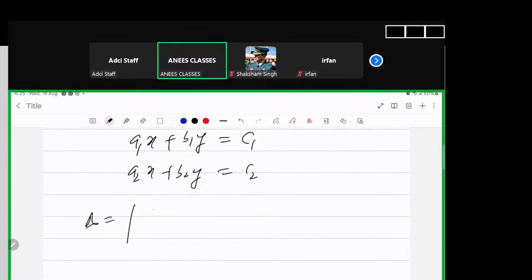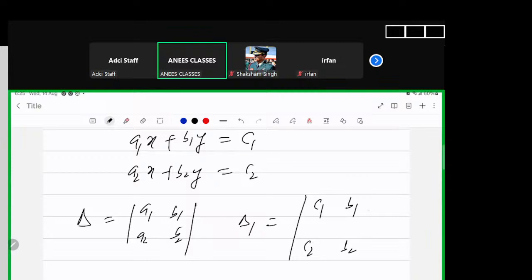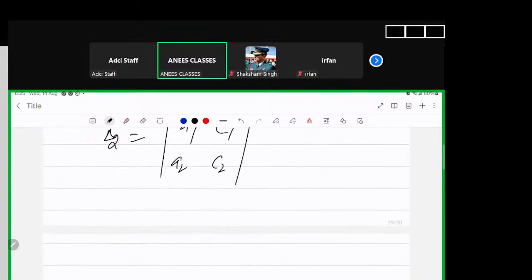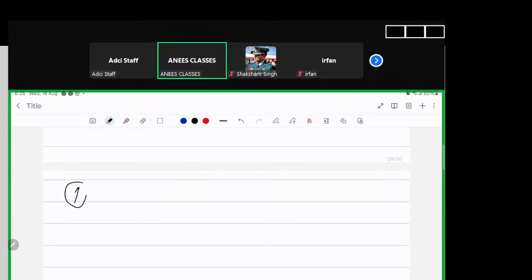So delta will be the determinant of a1 b1, a2 b2. Delta 1: first column replaced with constants c1 c2, b1 b2. Delta 2: a1 a2, second column replaced with constants. Now first, unique solution exists.